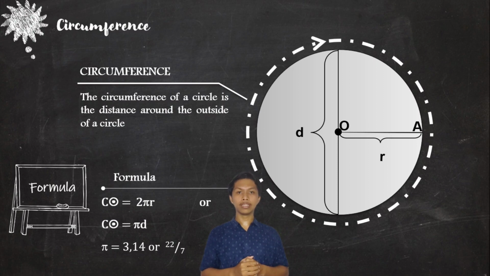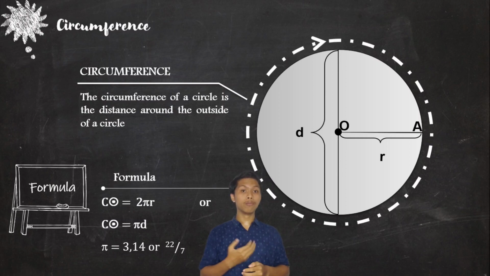We symbolize the circumference with C and D for diameter. That's a pretty simple formula. This tells us that if we know the diameter of a circle, we multiply the diameter by pi and we get the circumference.